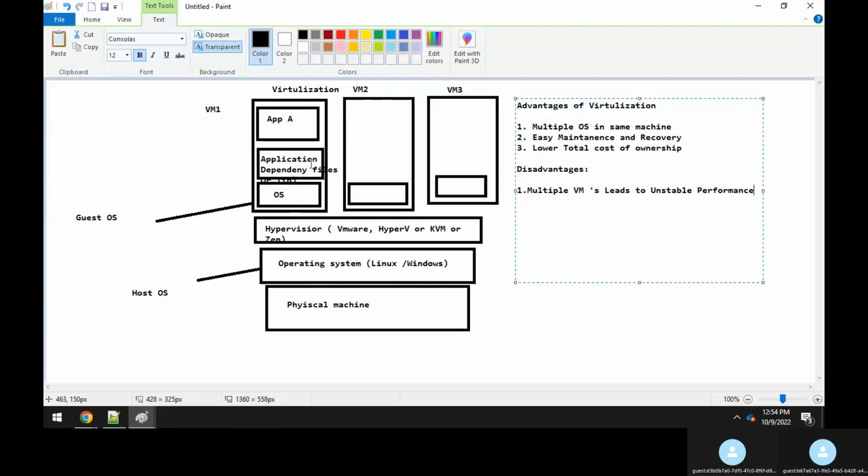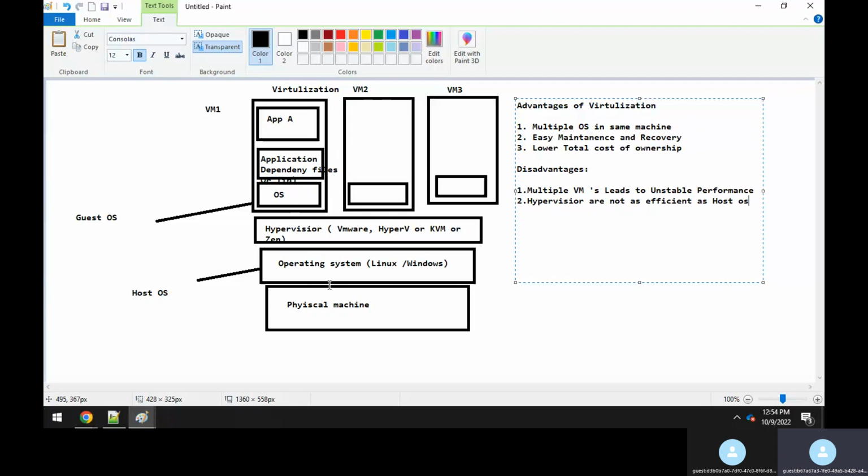Next, hypervisors are not as efficient as your host operating system. The guest operating systems or the hypervisor might not be as efficient as how your exact host operating system works.